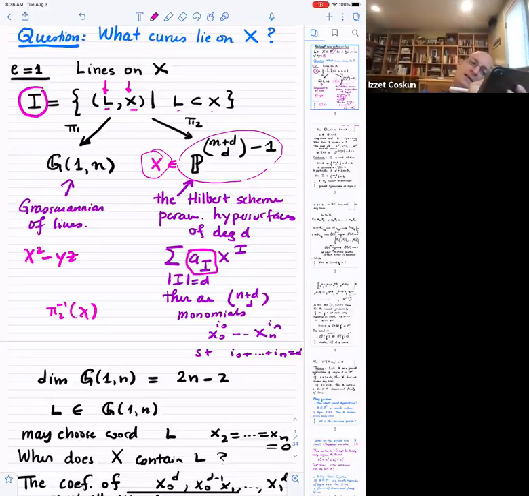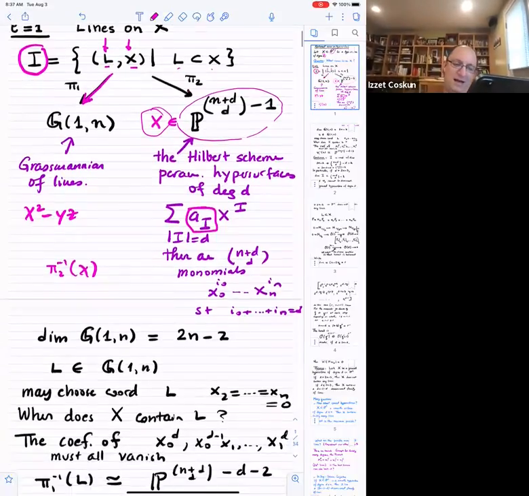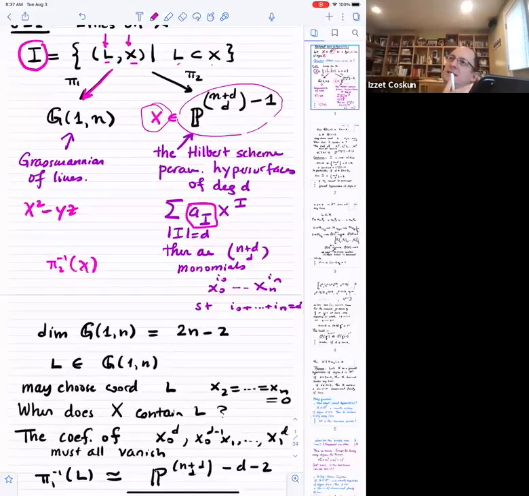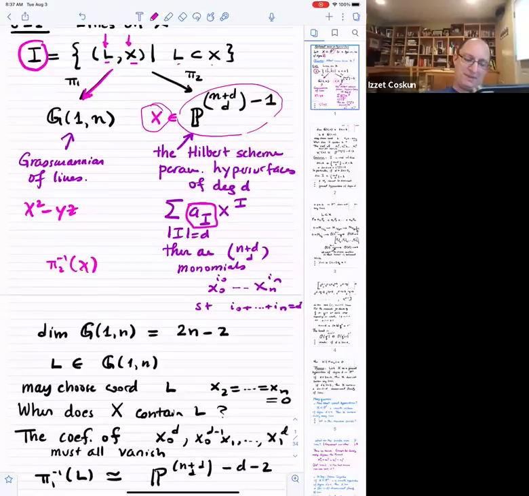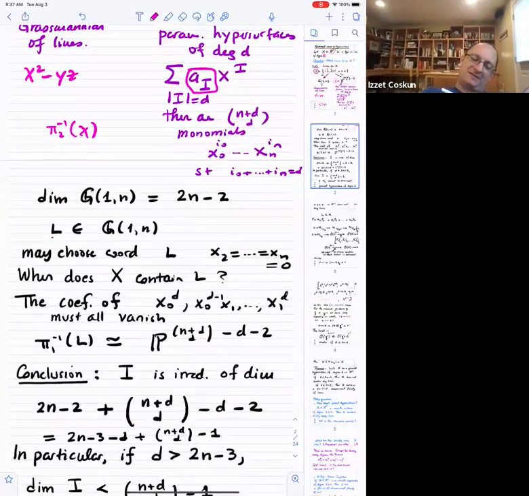If, on the other hand, I look at the other projection, then that projection is not that hard to understand. The Grassmannian of lines in projective space is a nice homogeneous variety, and the hypersurfaces of degree d that contain a given line form a projective space. It's a linear space, so it's easy to understand. So let's see what happens. Let me take my favorite line.